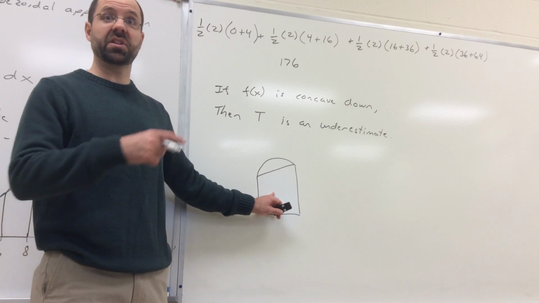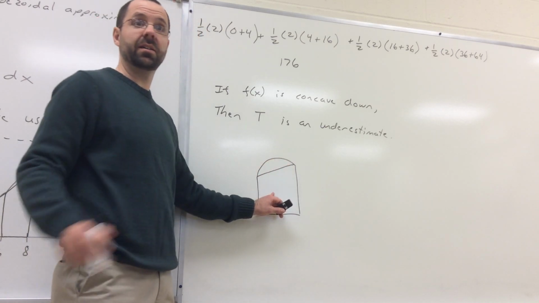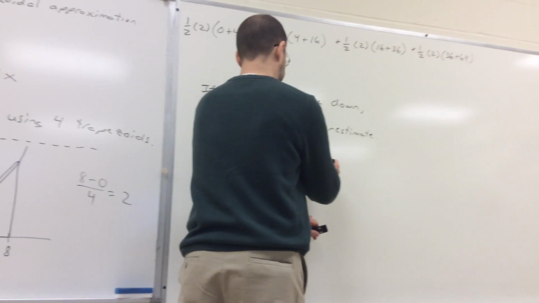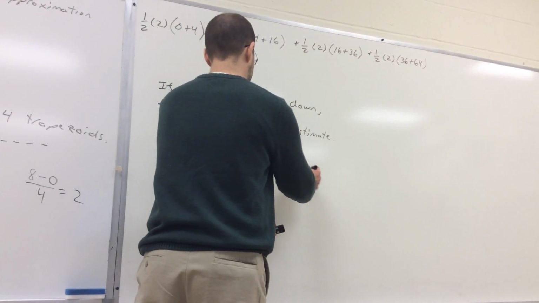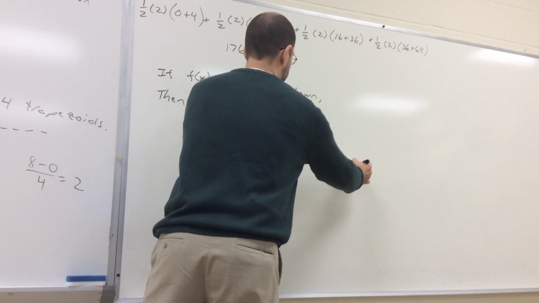And then on the other hand, if it's concave up, wouldn't the trapezoid be too big? Yeah. So concave up, overestimate.